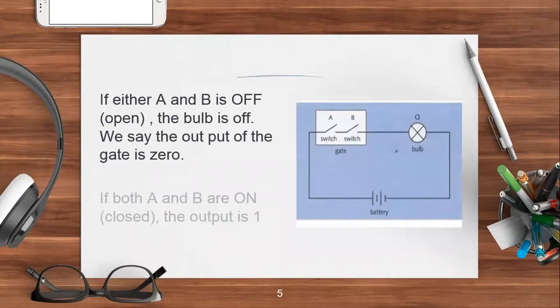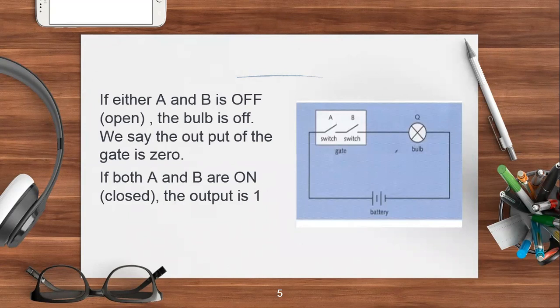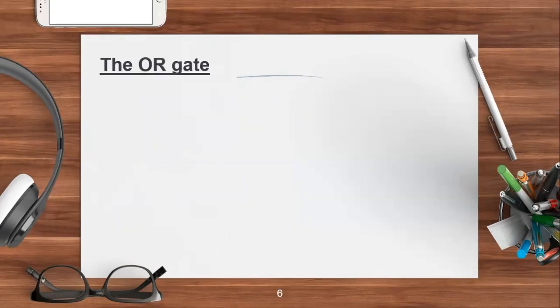If either A or B is off or open, the bulb is off. We say the output of the gate is 0. If both A and B are on or closed, the output is 1.